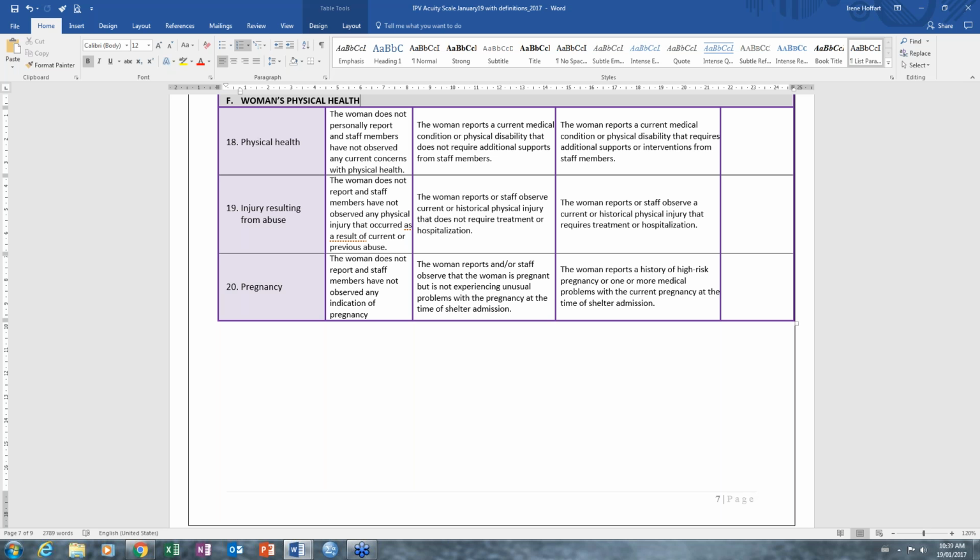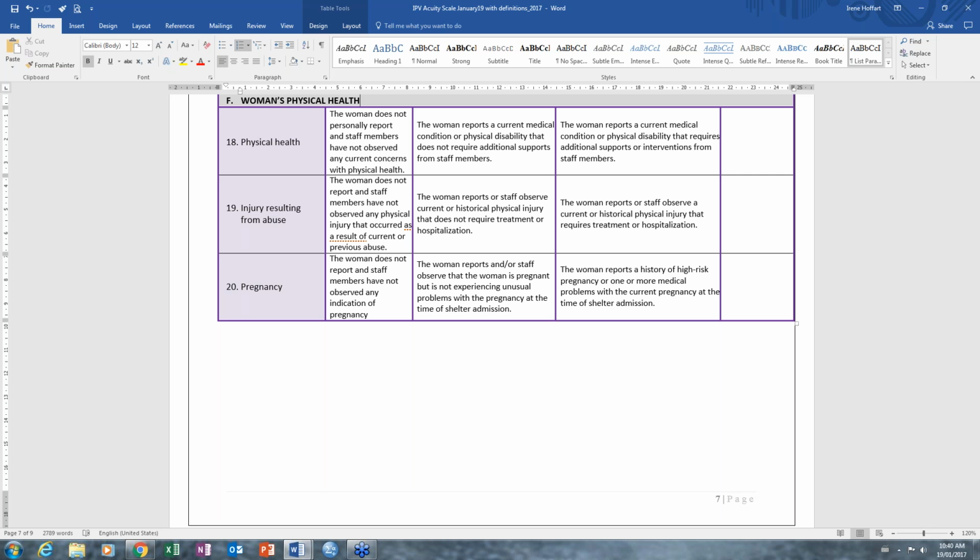So then pregnancy is another very important issue for women in the shelter. Again, if there is no pregnancy at all, then it's a score of 0. If there is a pregnancy, but there are no problems with it, so it's not a high-risk pregnancy, it's going as needed, the woman has everything addressed, it's all managed well, then it's a 3.